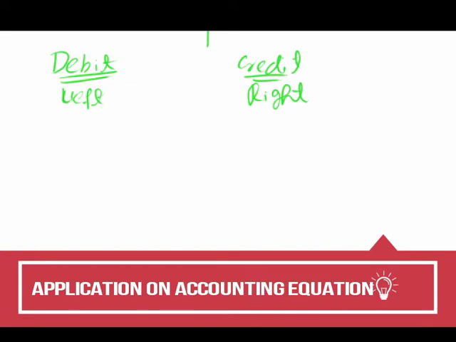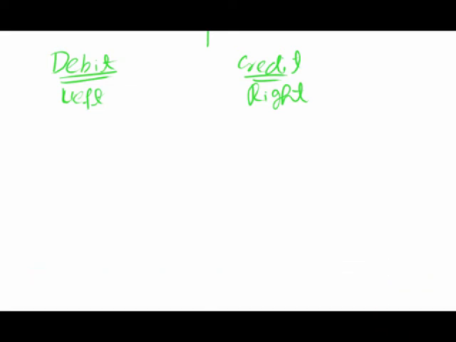Now we will apply this concept on the accounting equation. Accounting equation is equal to assets equals liabilities plus owner equities.